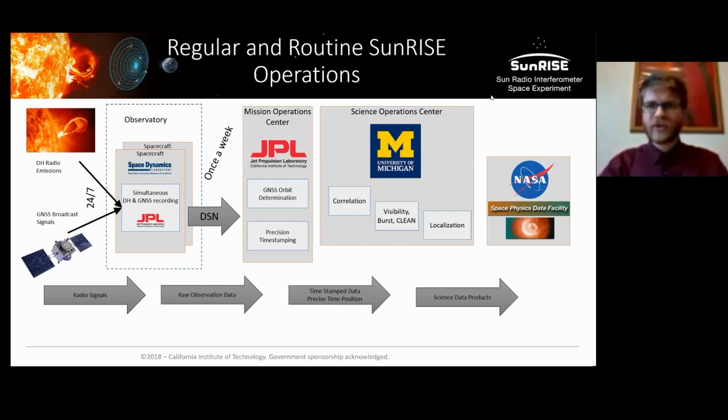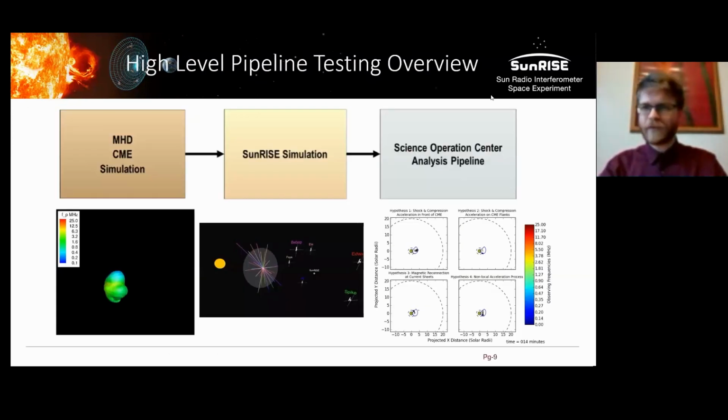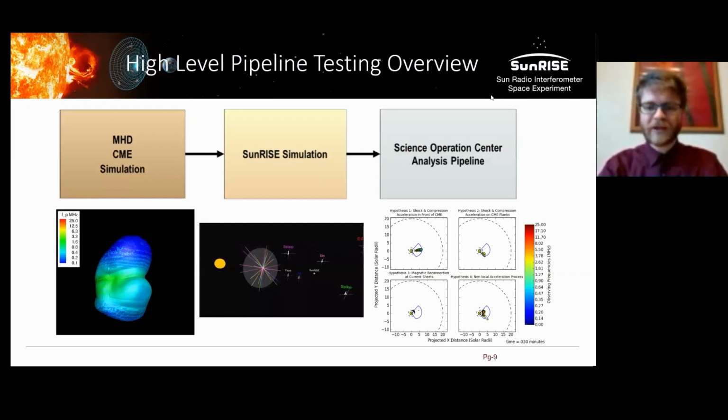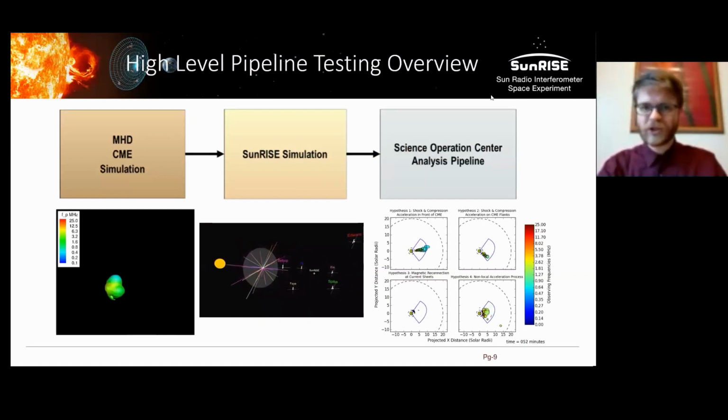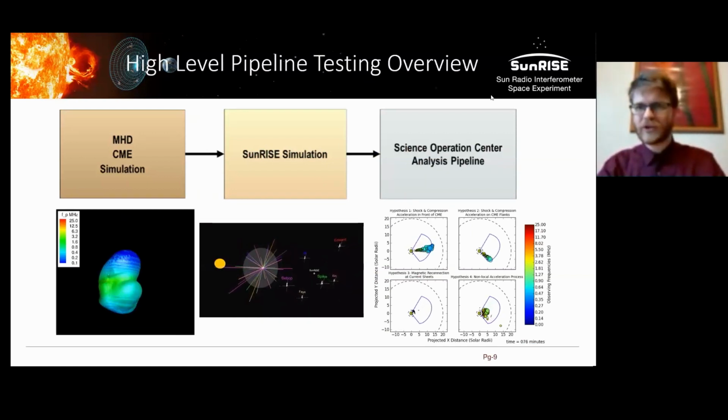In regular SUNRISE routines, we talk to the spacecraft once a week and download the data. It goes down through DSN, and then some pre-processing happens at JPL. The bulk of the science processing is done at Michigan and archived at the NASA Space Physics Data Facility. We have some test pipelines utilizing CME simulations from MHD recreations of past space weather events.